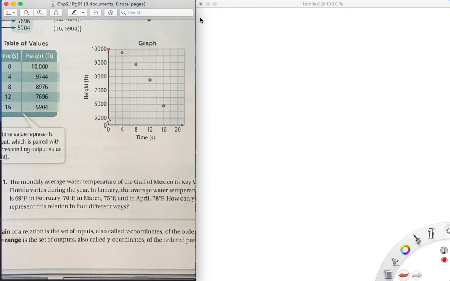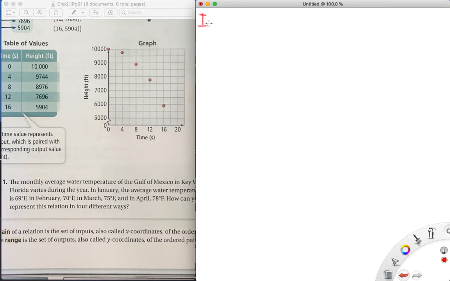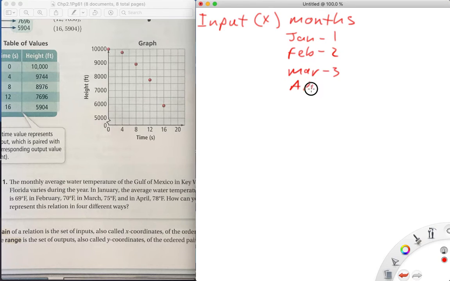Let's call our inputs, which are x values, the months. We associate a number with each month: January would be 1, February would be 2, March would be 3, and April would be 4. So that's our inputs.